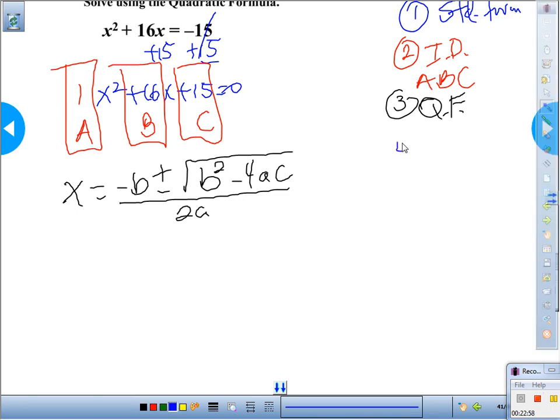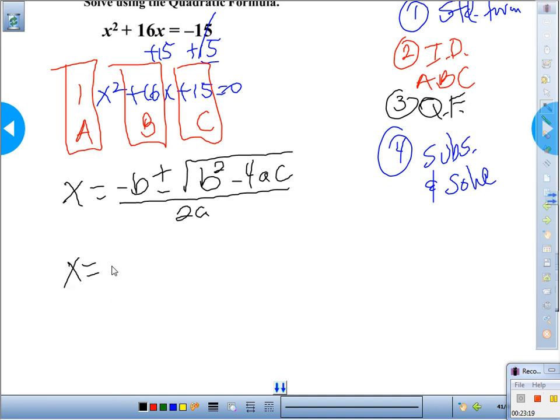Step 4. Substitute values and solve for x. So check this out. When we get to that step, guys, very important. Listen to what I'm about to say. Before you substitute, you replace each variable with parentheses.